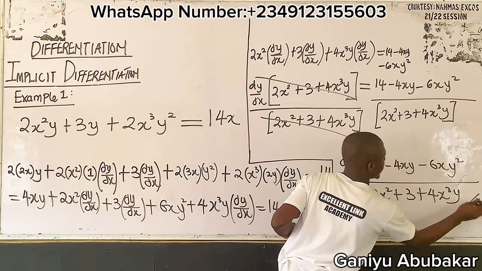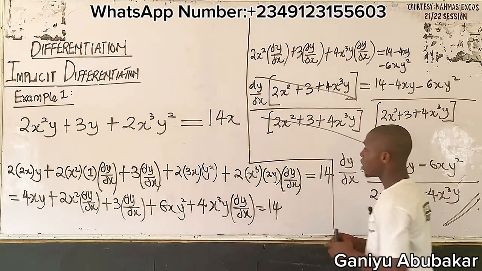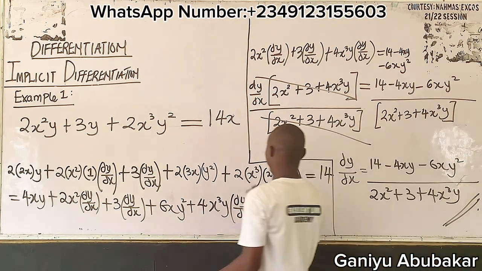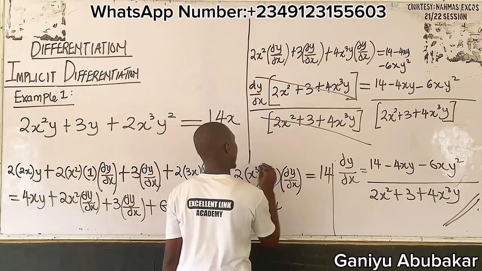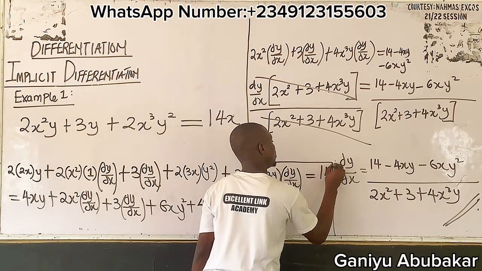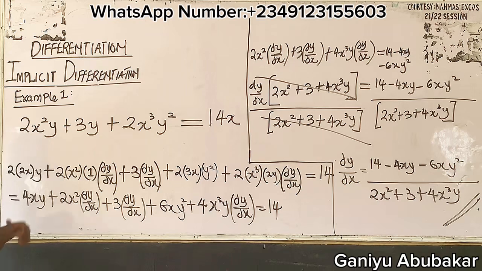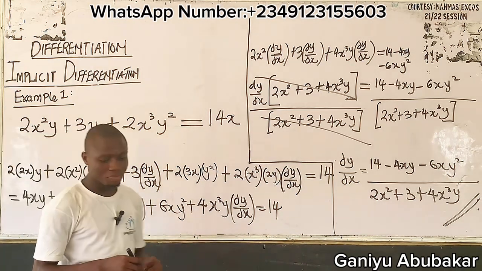This becomes my final answer after differentiating that question by applying the concept of implicit differentiation. This is how implicit differentiation works. So this is how to evaluate problems using implicit differentiation.